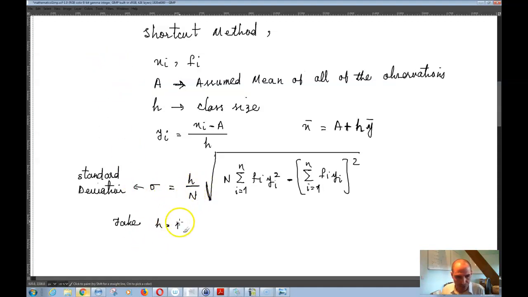And so you can take h as 1, and then you can take a as 0.